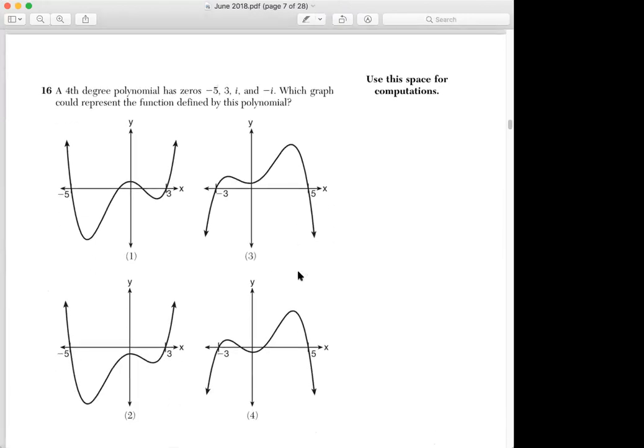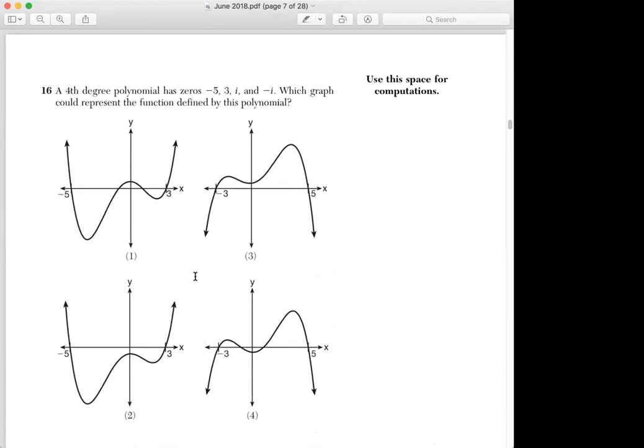16, definitely. Just there's a 0 at -5, a 0 at 3, and i and -i, so it's got to be 2.